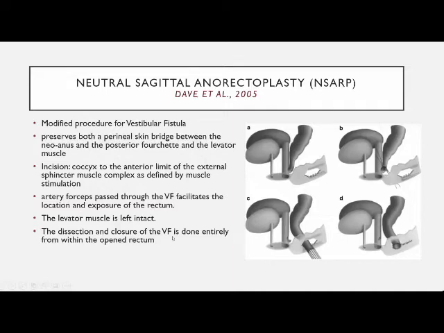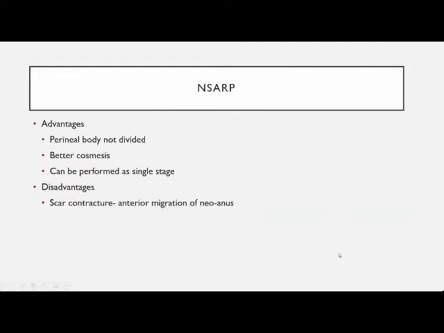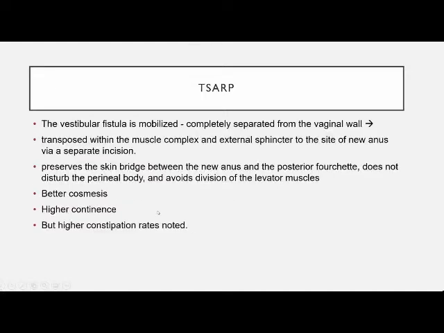And this is how the dissection is done, and this is the skin that is preserved. The advantages are better cosmesis, the perineal body is not divided, and it can be performed as a single stage. The disadvantage is that scar contraction can happen anteriorly especially, and anterior migration of the neoanus can happen.